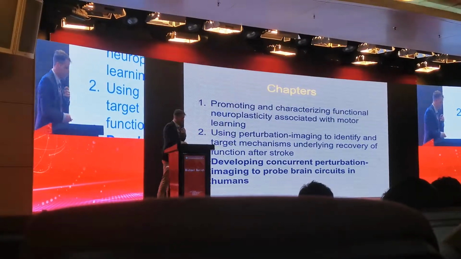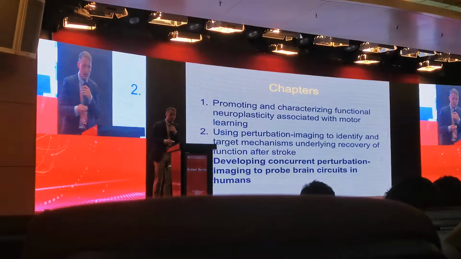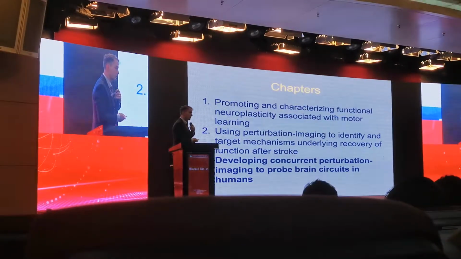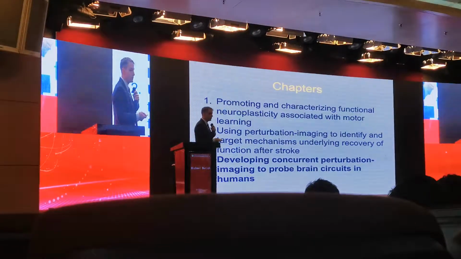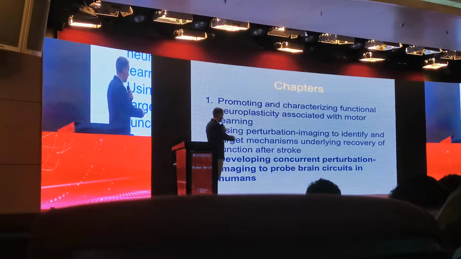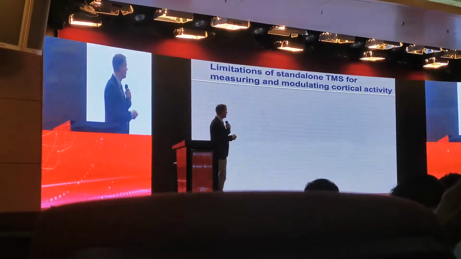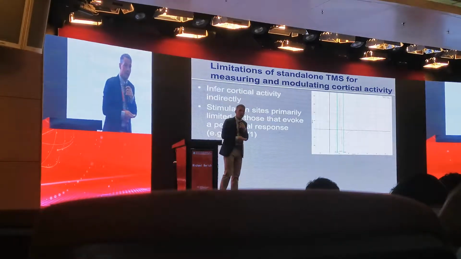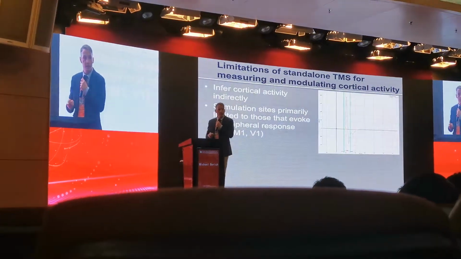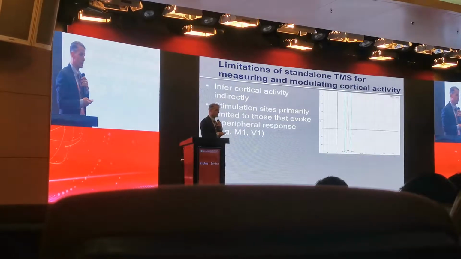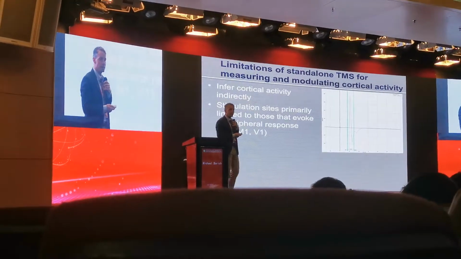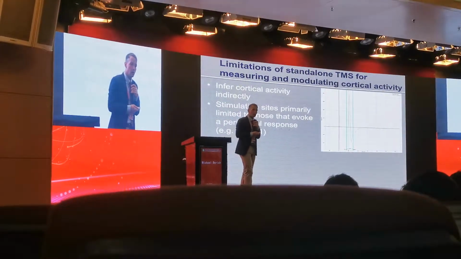So the last chapter of the talk is talking about how we're trying to develop more leading edge combined neuroimaging and stimulation approaches to causally probe brain circuits. And so why do we want to do that? We think that standalone TMS, and looking at that as a measure of cortical excitability, is fundamentally limited in its ability to characterize cortical activity.